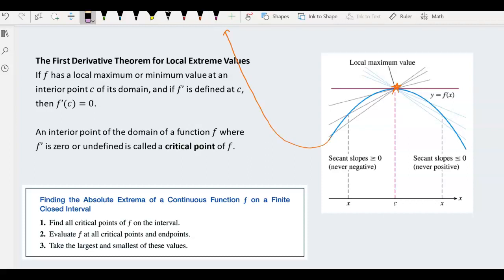But just in this little region here, we have a maximum point. Then the derivative at that point is equal to 0. And we give it a special name. We call it a critical point.